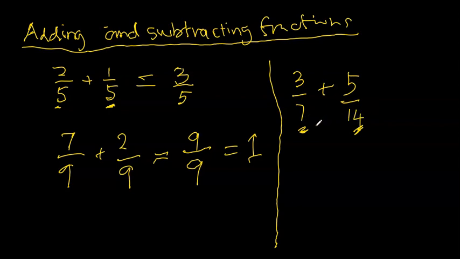So we can try and make this become 14 by multiplying by what? 2. As soon as we do that, we have to do the same thing here. If we're able to do that, then we haven't really changed the expression, right? Because we can easily cancel out the 2 and we're back to 3 over 7.